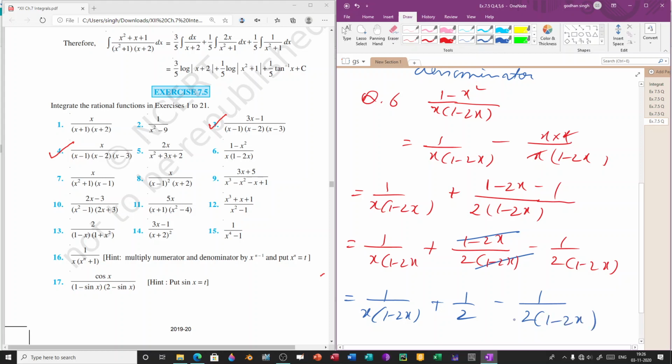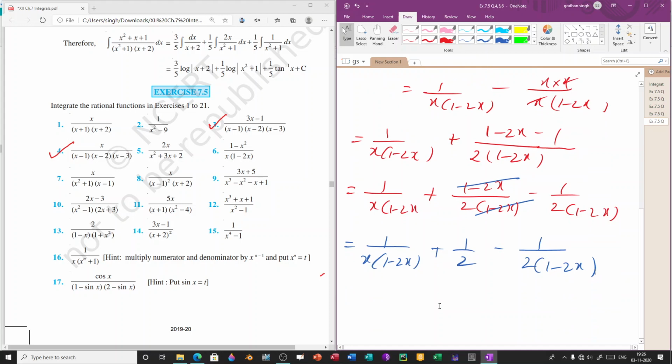Integration of the second and third parts is very simple, and for the first part you can see table 7.2, as it resembles the first form. So question number 6 is also for your self trial. It's not difficult at all, just try it and you will surely get the answer.